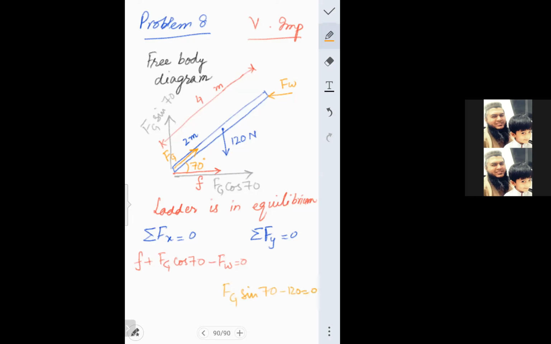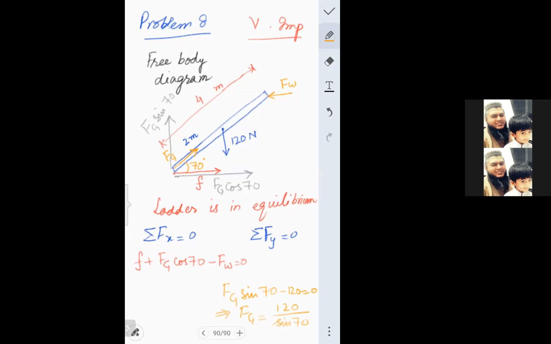Now he has asked us in this numerical to find the reaction forces Fg and Fw. From this equation that I've written in orange, Fg will be 120 over sin 70.